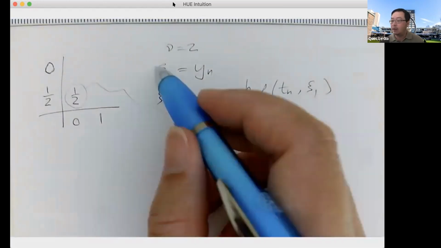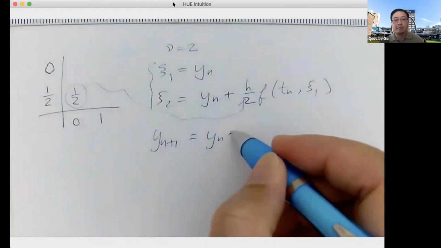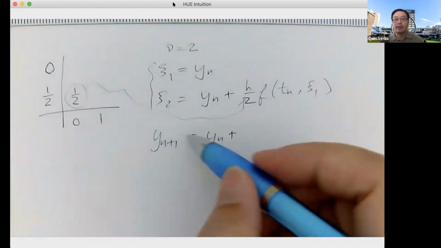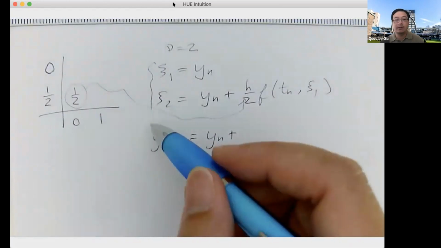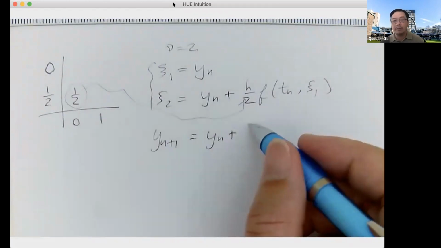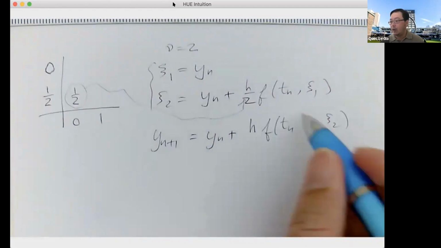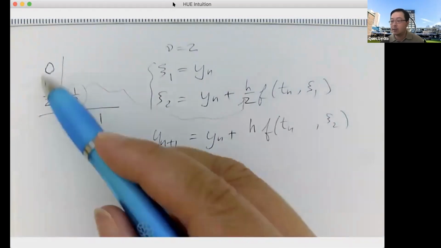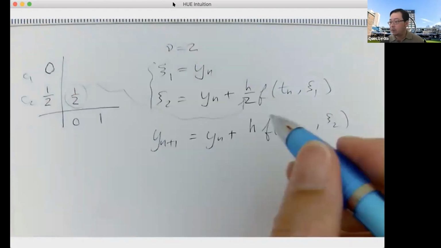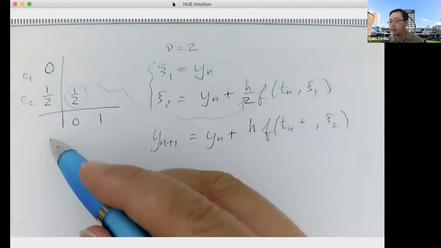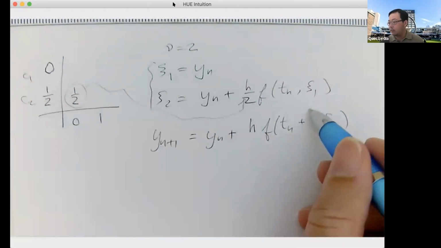And then you have y(n+1) equal yn plus, so b1 is 0, so we have only b2, which is 1, so 1 times h times f(tn plus c2 h, xi2). And do not forget to add the c's: this one is c1, this one c2. So c1 is 0, but c2 is h over 2 here.